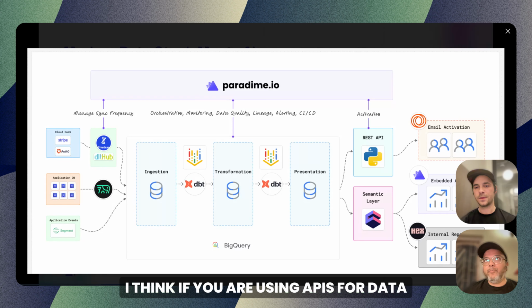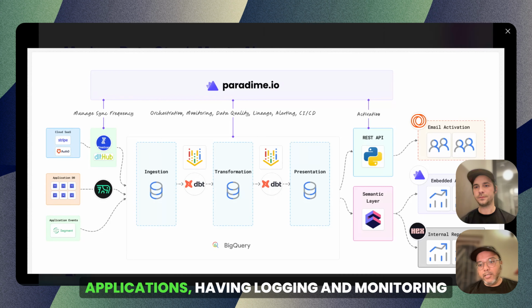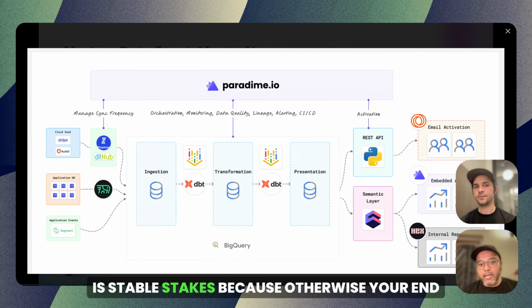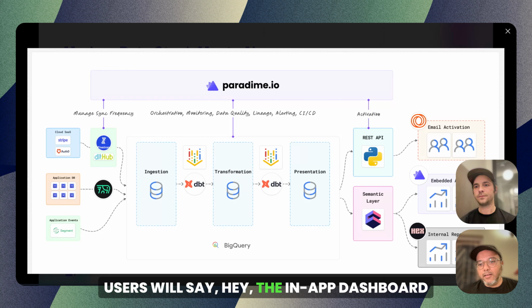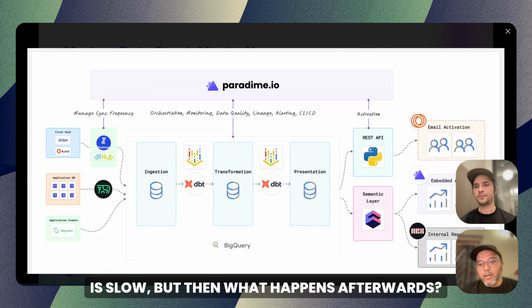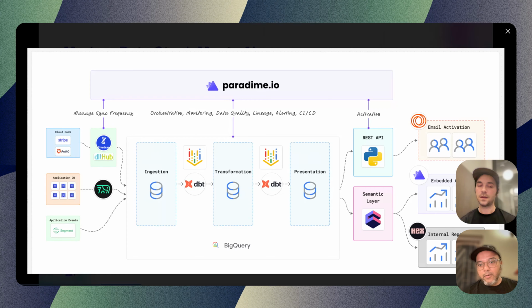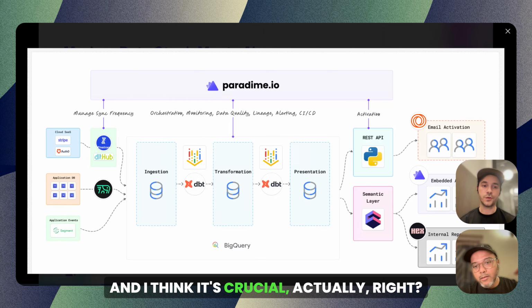I think if you are using APIs for data applications, having logging and monitoring is table stakes, because otherwise your end users will say, hey, the in-app dashboard is slow, but then what happens afterwards? Totally, yeah, and I think it's crucial actually, right?